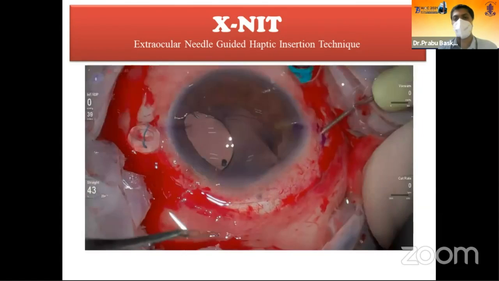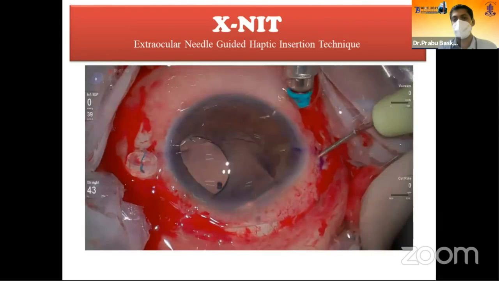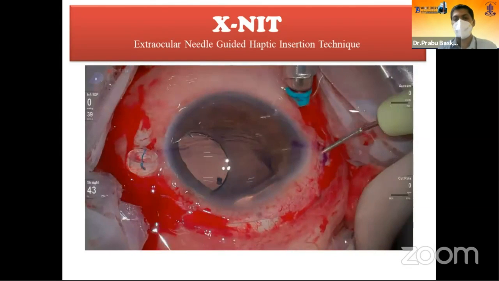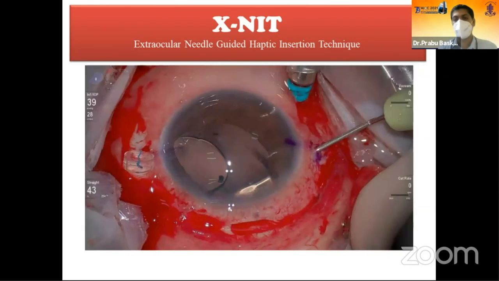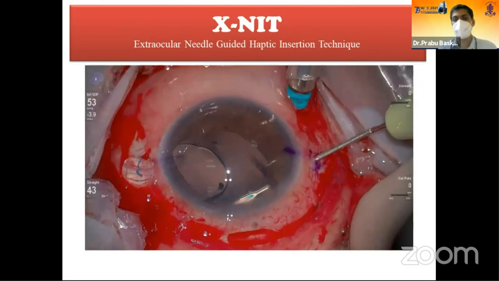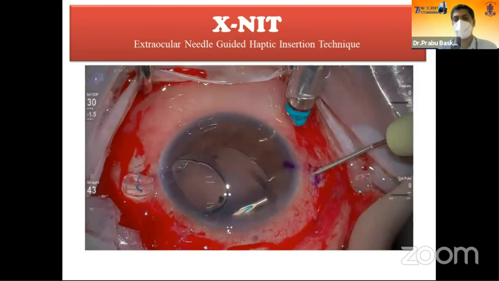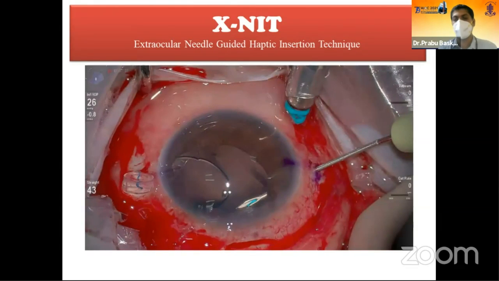So now, we are going to exteriorize the trailing haptic. Take a McPherson once again. Go to the sclerotomy site and wait for the haptic to come. Gently retract the needle.